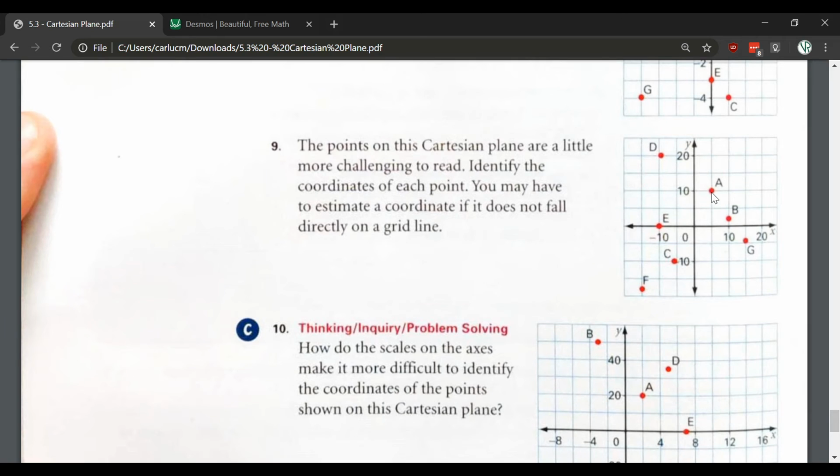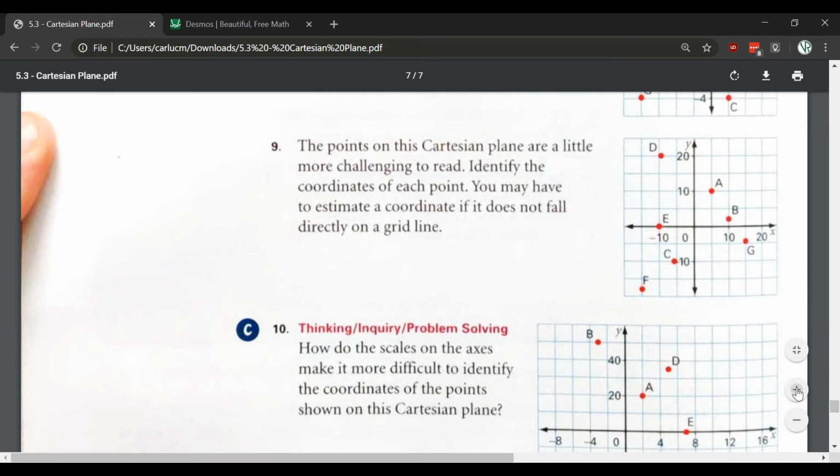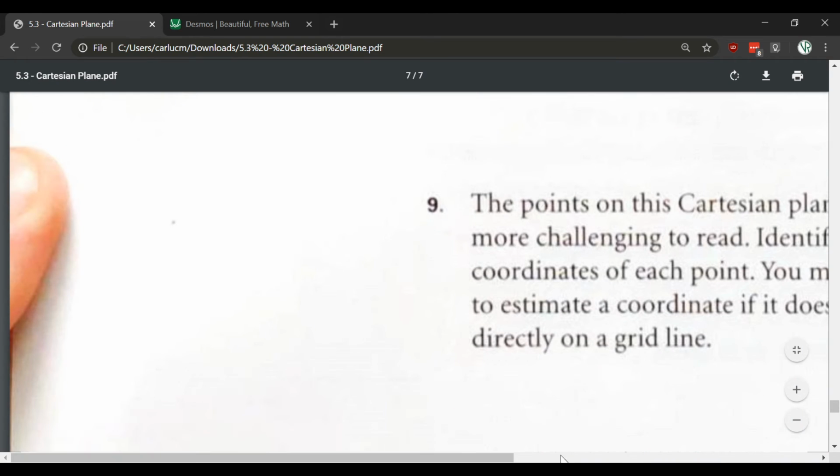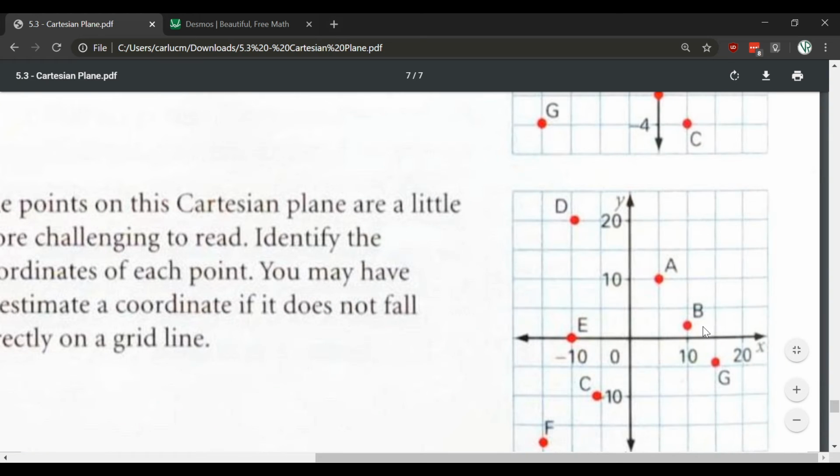But in the case of something like B, it's not on a grid line. It's on the 10, so we know the x value is 10, but the y value is not even quite in the middle. If I zoom right in on it a little bit here, it's not quite in the middle.